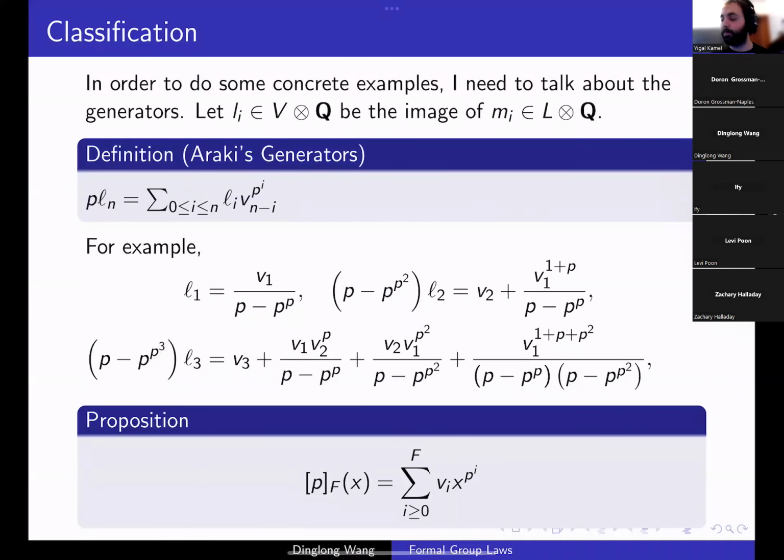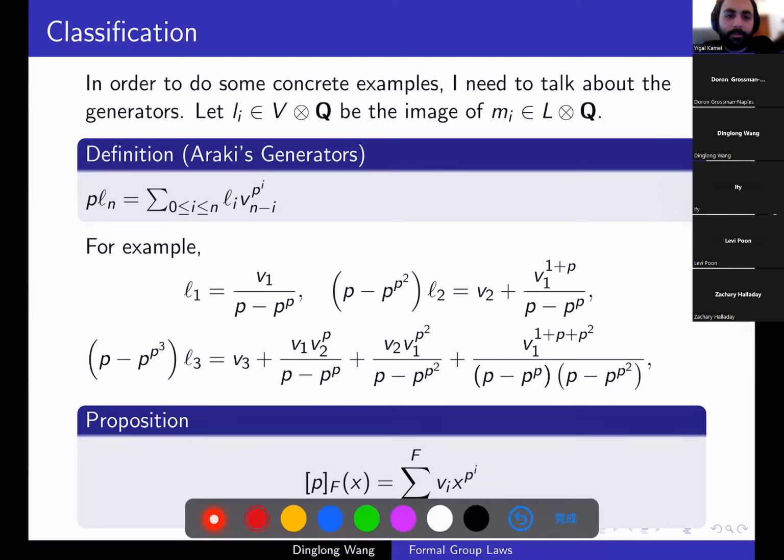Okay, so I want to do some concrete examples. I need to talk about the generators. There's a set of generators called the Araki generators, with a recursive definition of Vi. Let Li in V tensor Q be the image of m p to the i minus 1.